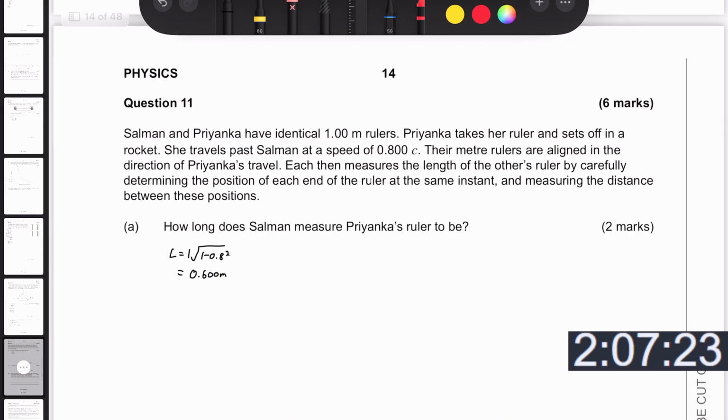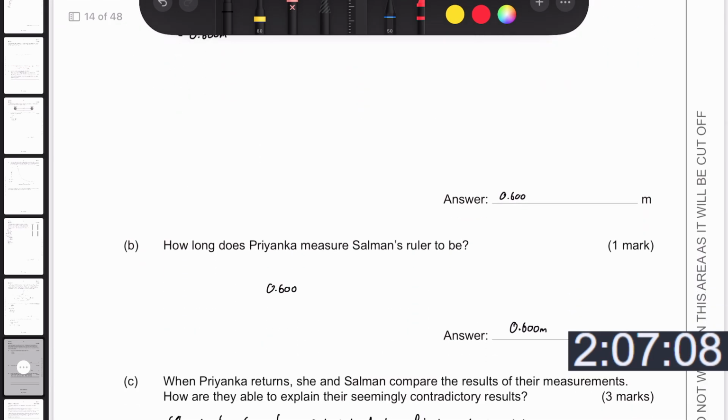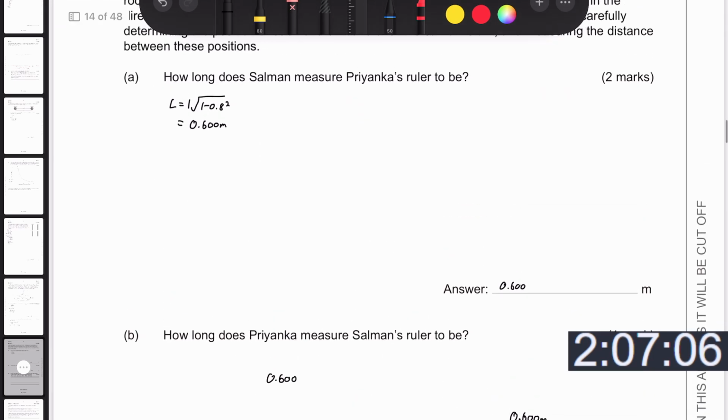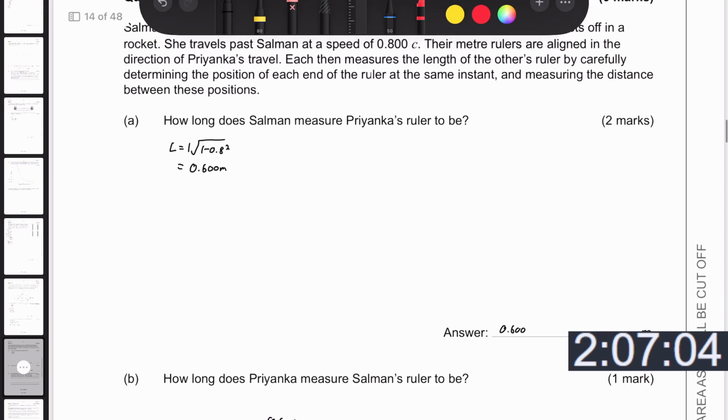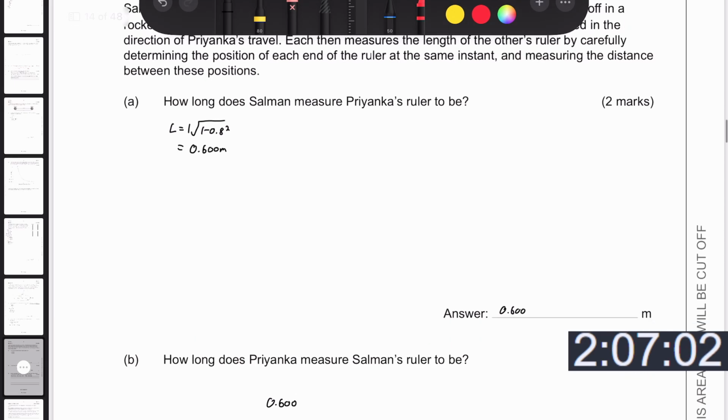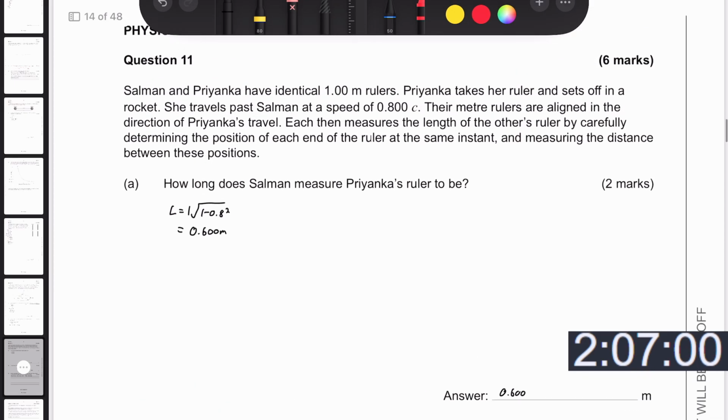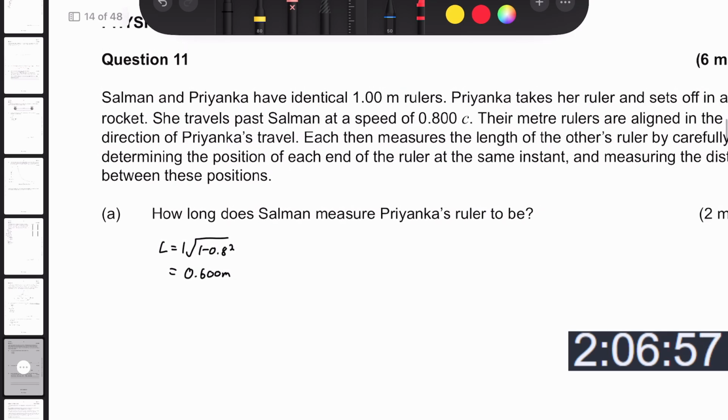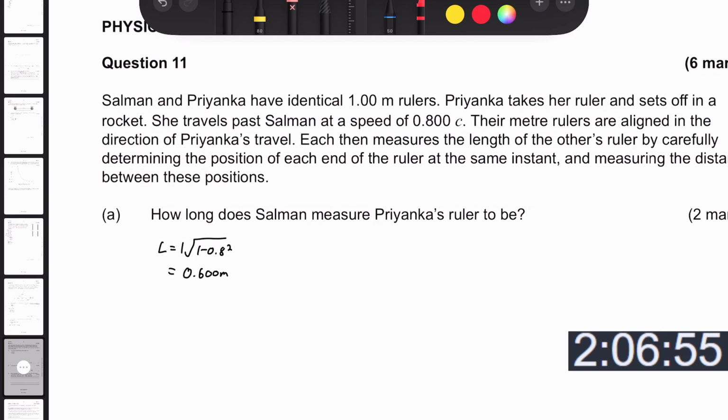How long does Salmon measure Priyanka's ruler? So Salmon definitely measures it to be 0.6. How long does Priyanka measure Salmon's ruler to be? Should also be 0.6. Because from Priyanka's perspective, Salmon is moving at 0.8 c.